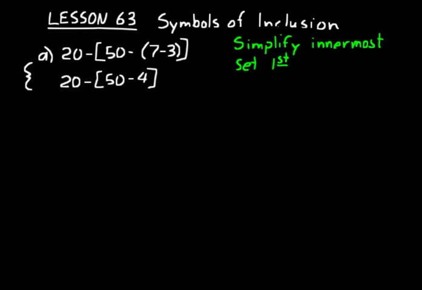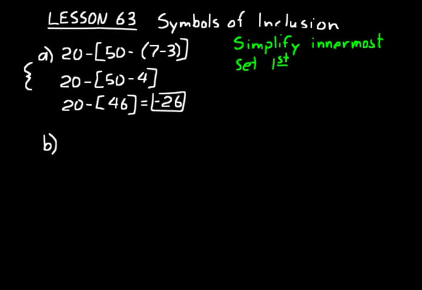Now all we're left with are the brackets. We simplify those next. 20 minus 46. Think about a number line. We'd go to the right 20, and then go back to the left 46. So we'd end up with minus 26 for an answer on that one.